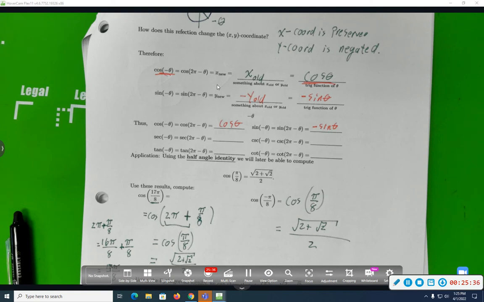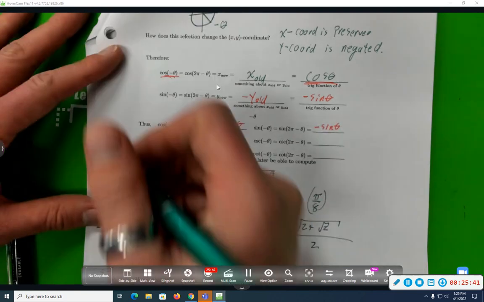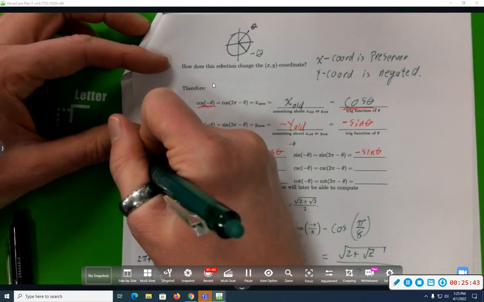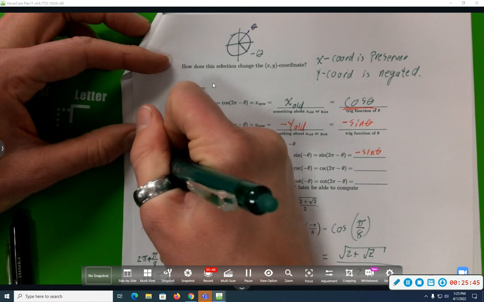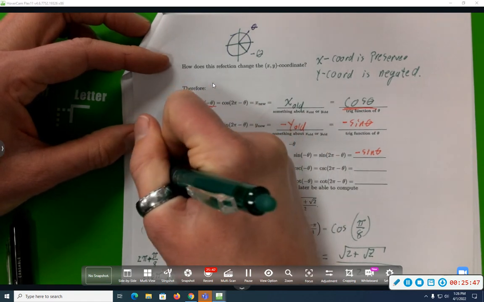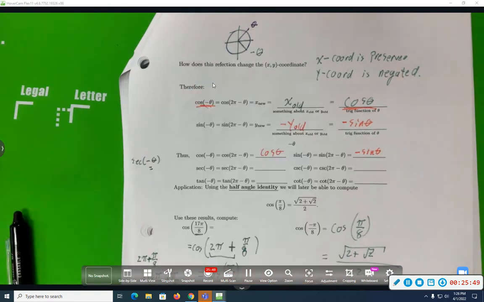So let's do it. So I want to compute the secant of negative theta. What's the secant in terms of sine and cosine? One over cosine, but there was a question mark at the end of that.